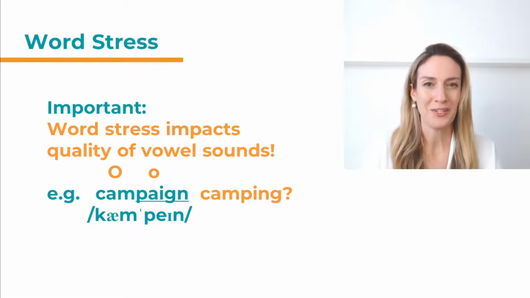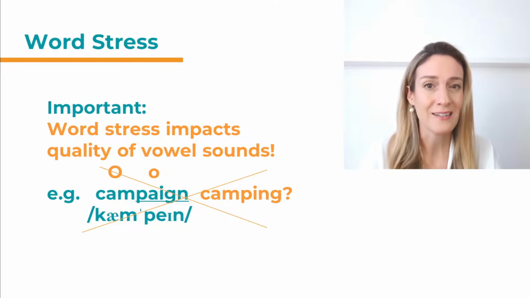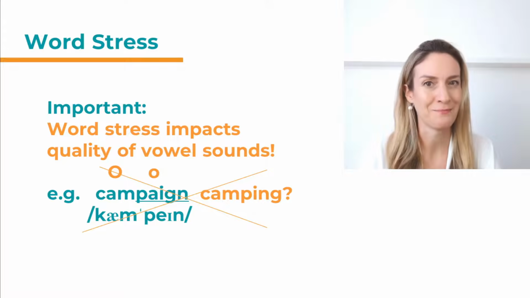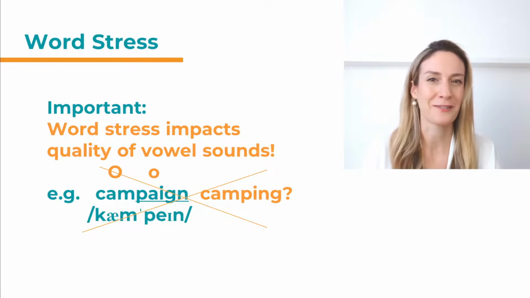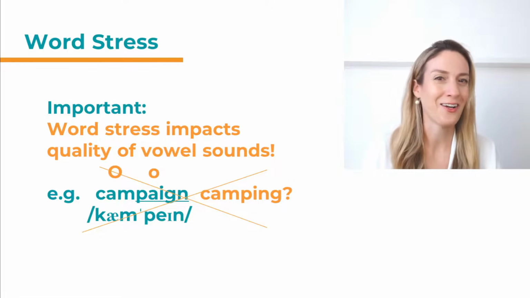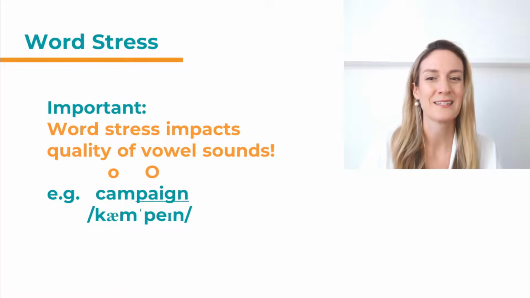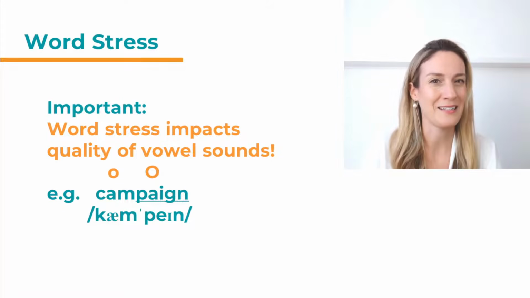But remember, this is not correct. This word is stressed on the second syllable, campaign. And then there's a clear difference between campaign and camping. They are not the same, although they are 2 nouns. So campaign is correct.